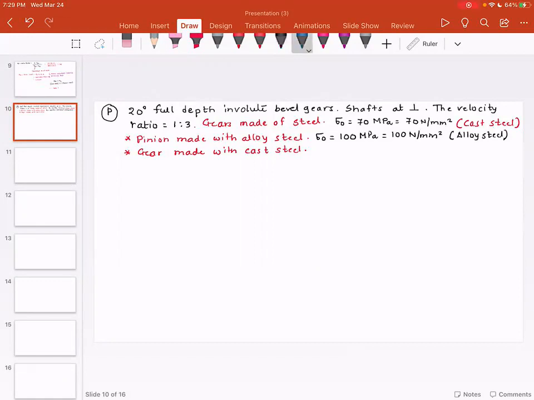Now, what we need to do is do the gear design. The power that is transmitted is 37.5 kilowatts. Speed of pinion is 750 RPM.